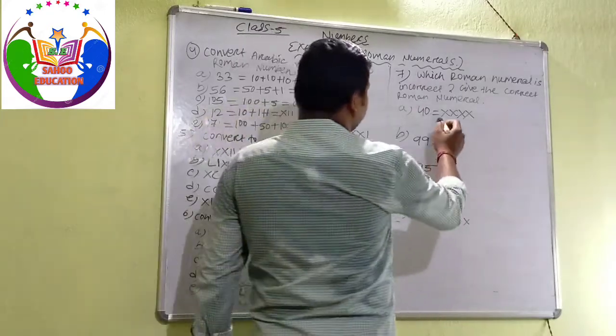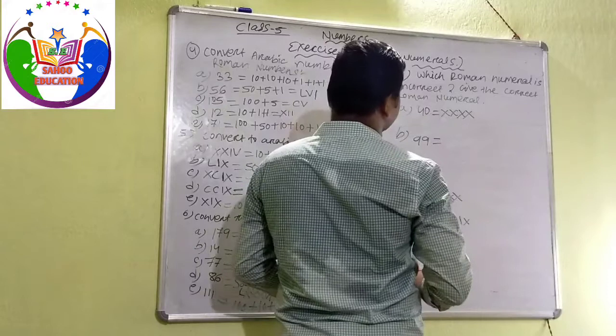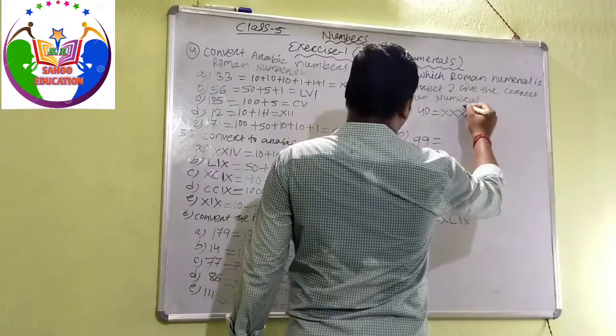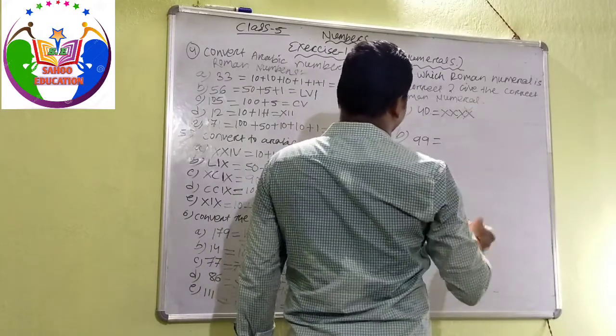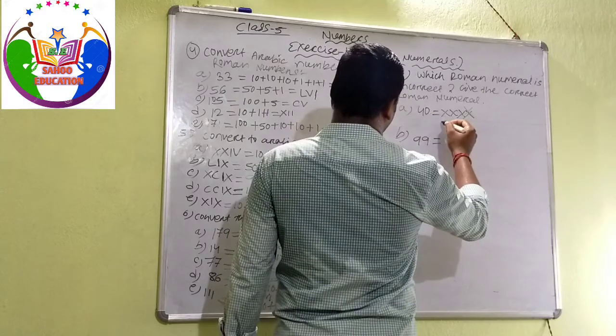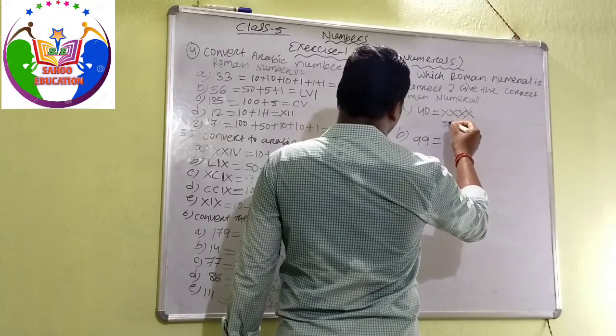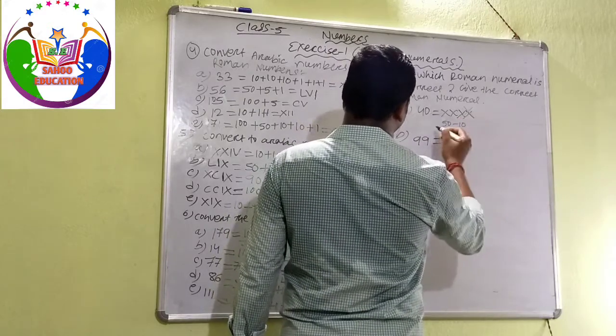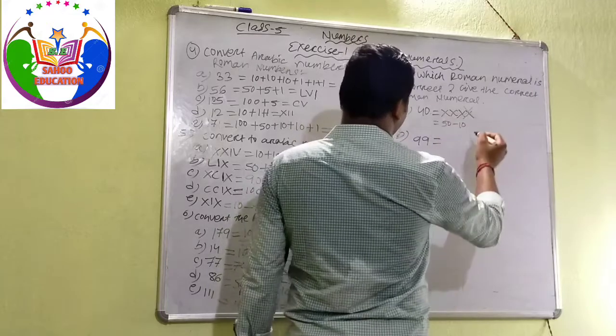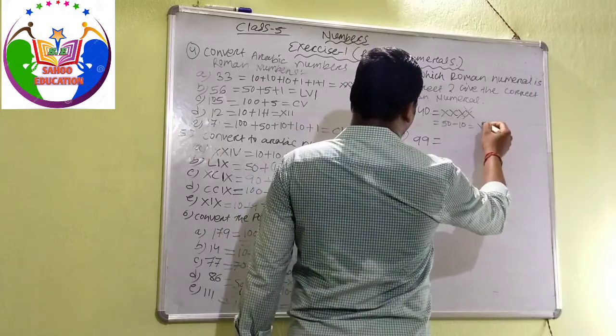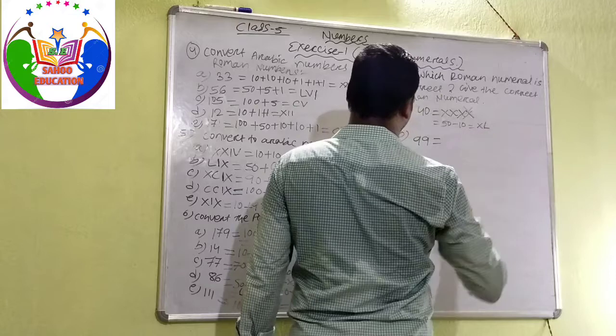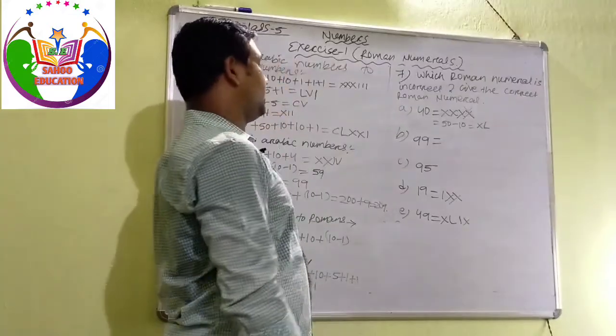So X is repeated more than 3 times, so it's wrong. We can write 40 as 50 minus 10, that is XL for 40.